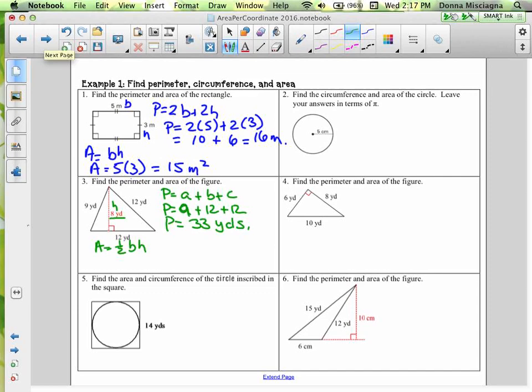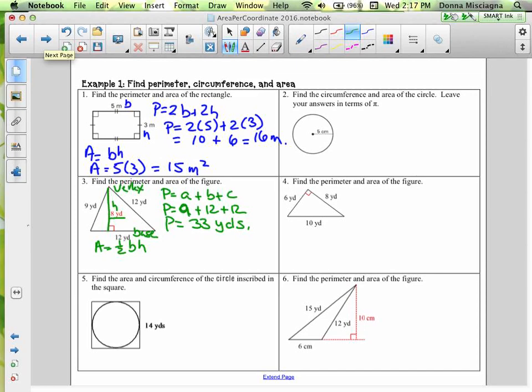And so the height is that perpendicular, that straight distance. So you're going the fastest way, right, to the other side of the triangle, from your base to the opposite vertex. Right? So since we have a right angle here with this side, this 12 yards here is my base.